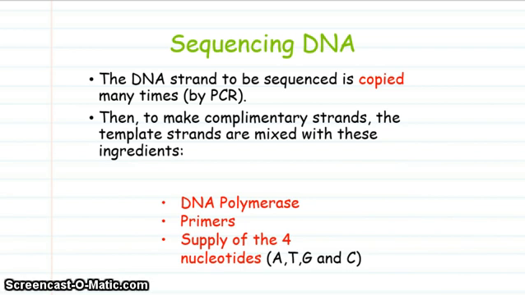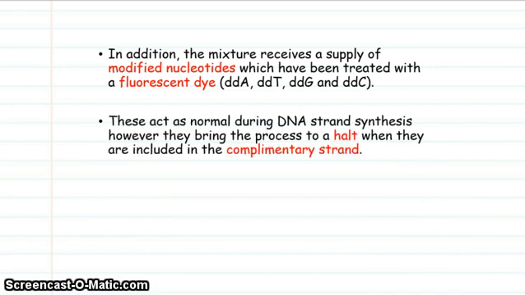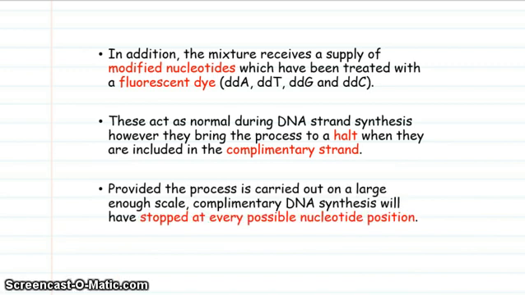But in genomic sequencing, there's the addition of what are called modified nucleotides, and these have been treated with a fluorescent dye. They act completely normally when being incorporated into a growing complementary strand. However, once they are incorporated, the polymerase will stop replicating the complementary strand at that point. Okay?